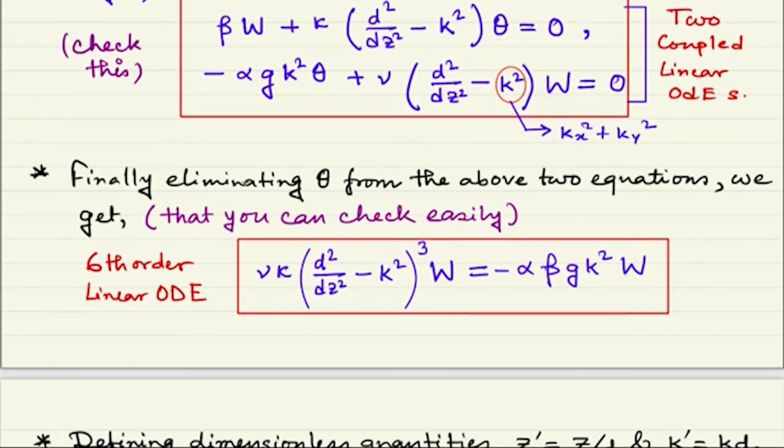If you eliminate theta, you finally get a sixth order linear differential equation: nu times kappa times d2/dz2 minus k squared, whole cube, so d6/dz6 type of thing, times W is equal to minus alpha beta g k squared W.